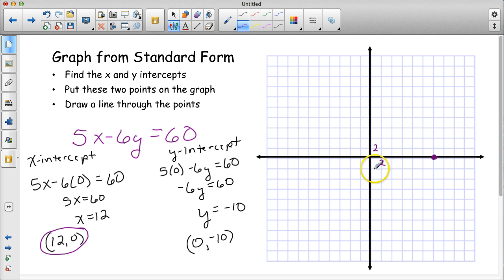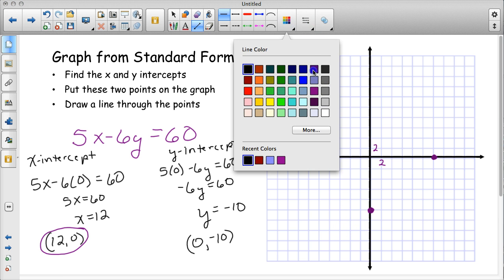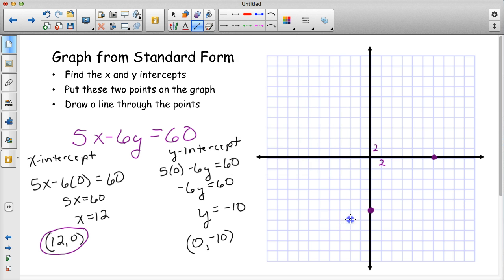So again, I'm counting by 2's, and I'm going to go negative on the y-axis. So it's negative 2, negative 4, negative 6, negative 8, negative 10. And I put a point there. Notice that now that I have 2 points on my graph, I can use a straight edge and draw a line. I want the line to go between the 2 points and past the 2 points.